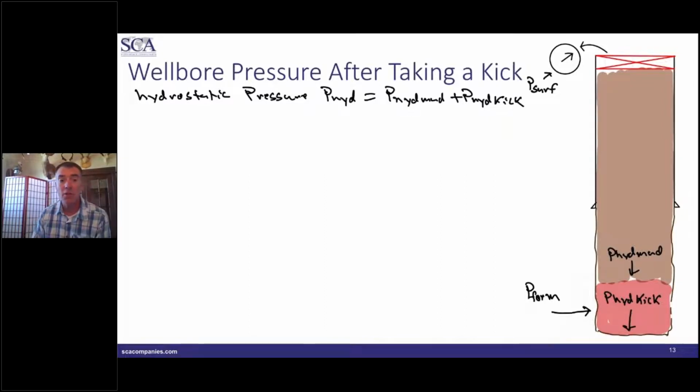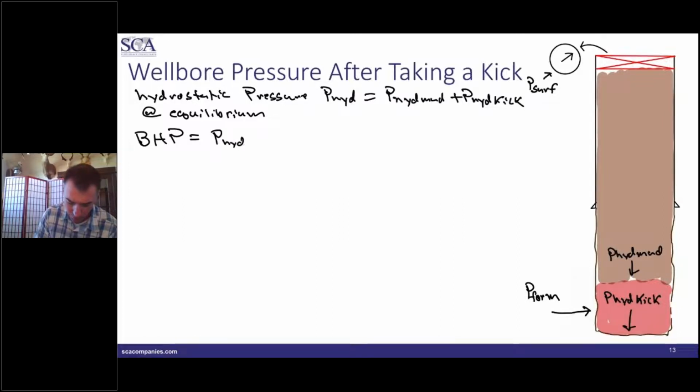So the bottom hole pressure in this case, once the kick has come to equilibrium, at equilibrium, is equal to the total hydrostatic pressure plus the surface pressure.